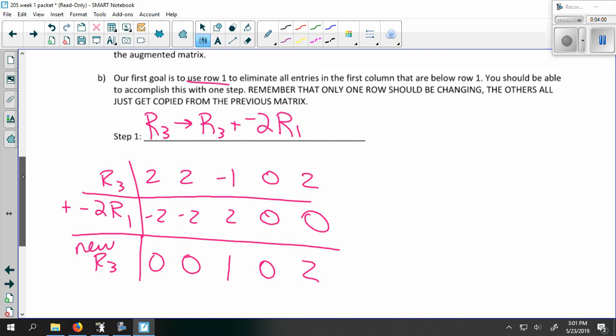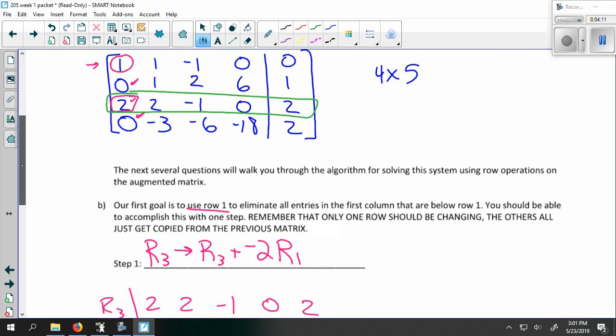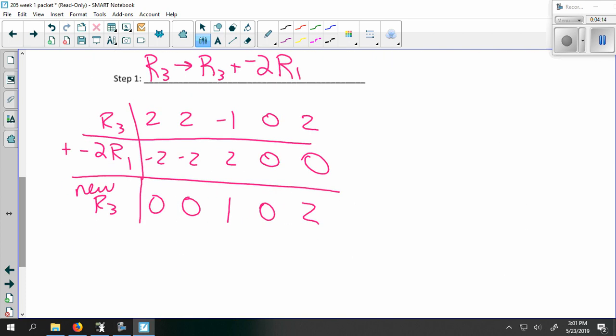Okay, so my new matrix is going to be exactly my old matrix. The only thing that's changing is I'm going to replace row 3 with a new row 3. Everything else just gets copied. So I have 1, 1, negative 1, 0, 0.